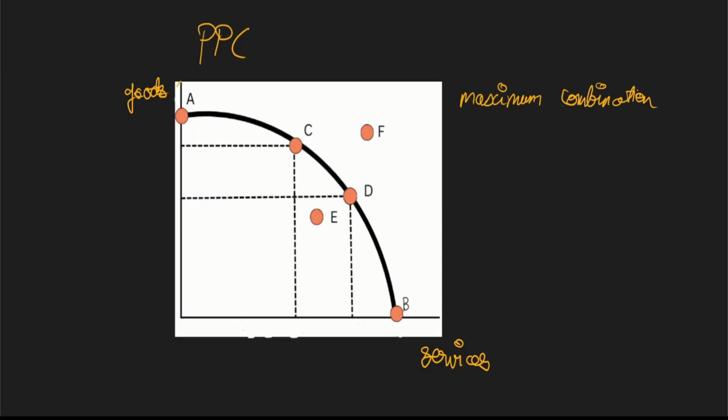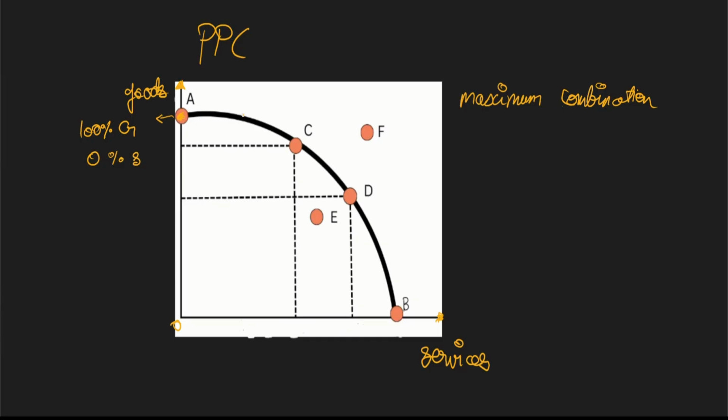So at A, all of the resources are dedicated to producing goods. So this means 100% goods and 0% services, right? That is what A basically means.